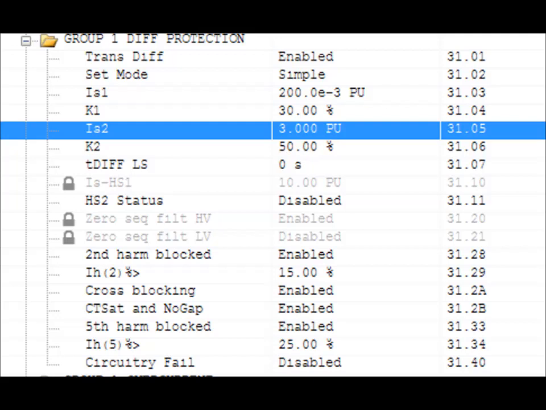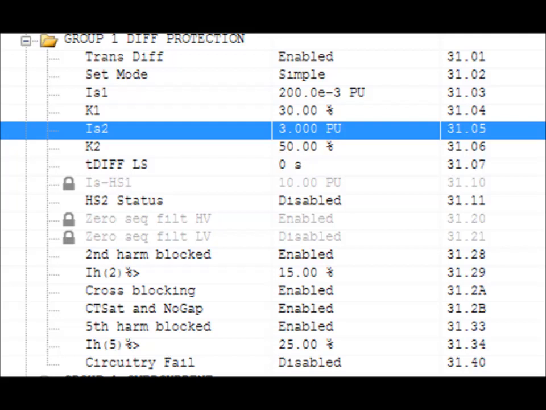Now come to the setting part of the differential protection. Here IS1 is set as 0.2 per unit and K1 is 30%, IS2 is set as 3 per unit, and K2 as 50%.